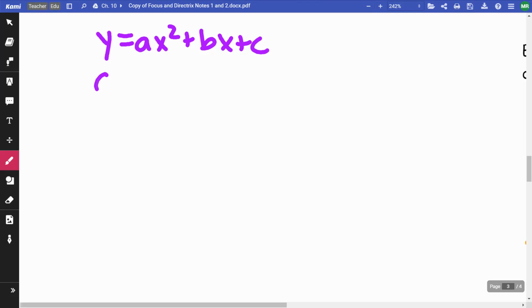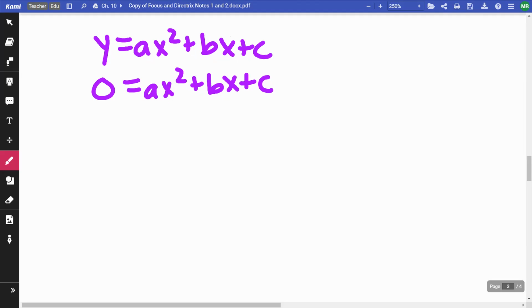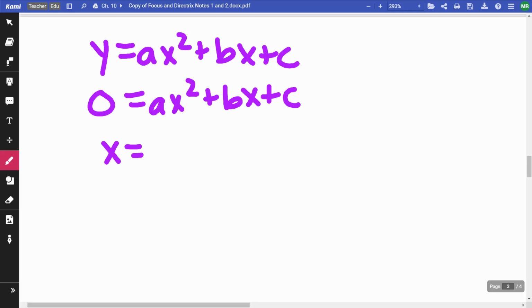To find my x-intercepts, I would put 0 in for my y, and I would solve this to find my x-intercepts. Can anyone tell me what are the x-intercepts for this equation? If I want to solve this problem, I can solve it using the quadratic formula, right?